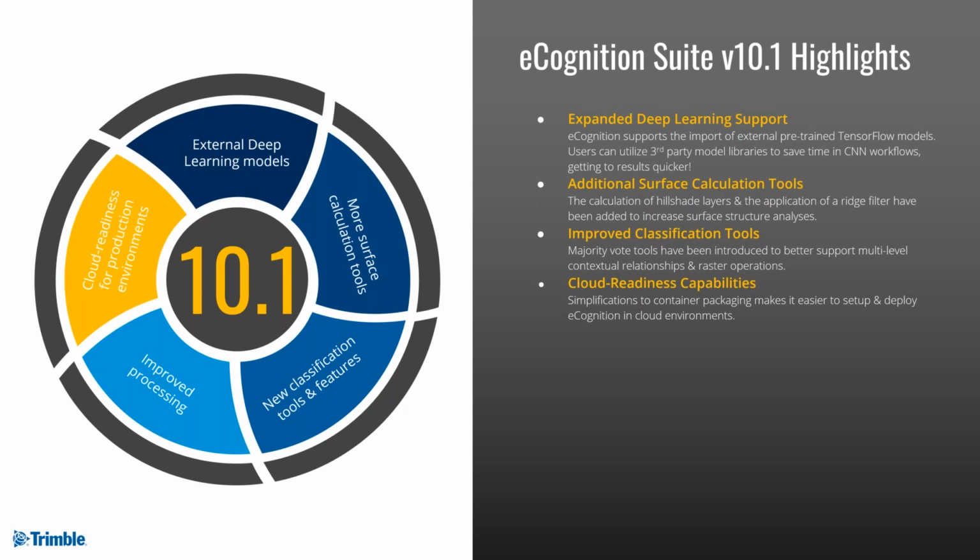We wanted to offer more surface calculation tools, new tools for classifications, and some new features that will help with classifications. Some improvements to some of the processing behind the scenes, so always tweaking those as well. And then mainly here, cloud readiness, expanding out. We've been doing a lot in the world of cloud capabilities, which I'll also highlight.